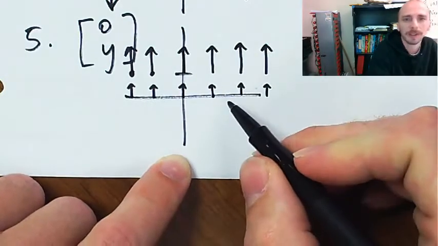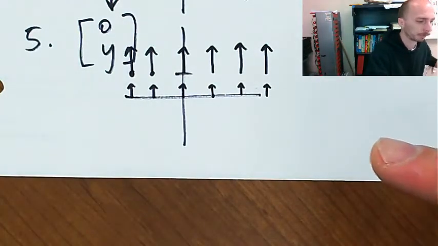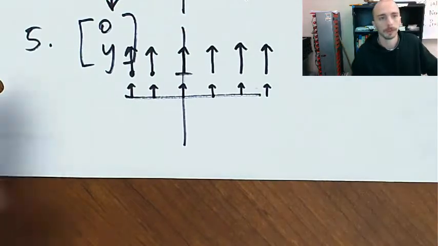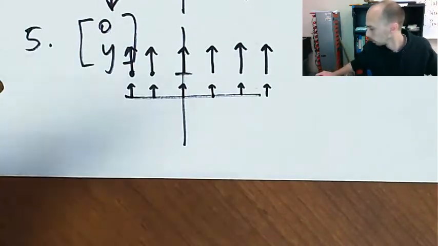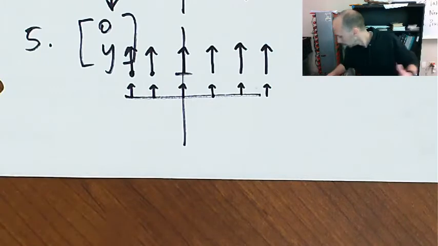Well, that's not it. Let me get an eraser. If I'm on the x-axis, that's where y is 0, and I'd have no vector at all.